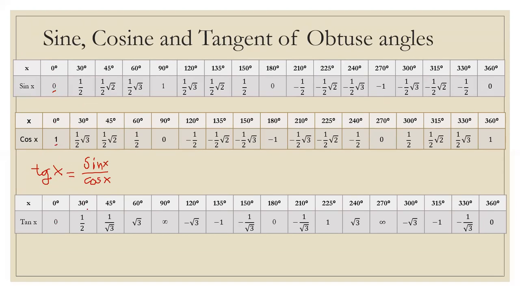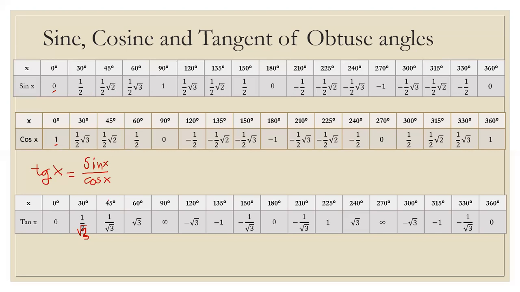And tangent 30 equals a half divided by a half square root 3, so it's not a half, but 1 over square root 3.